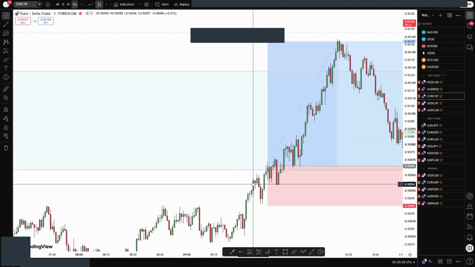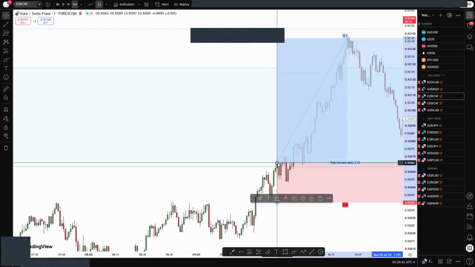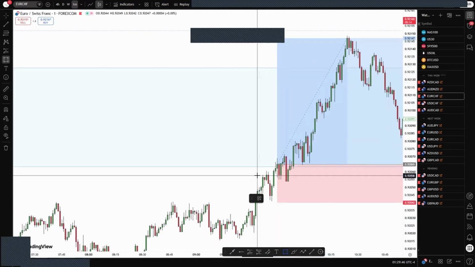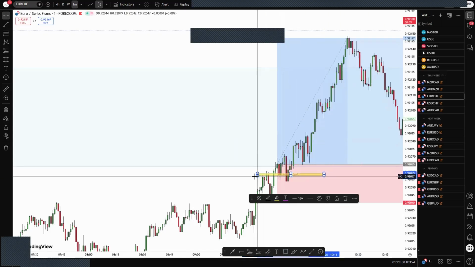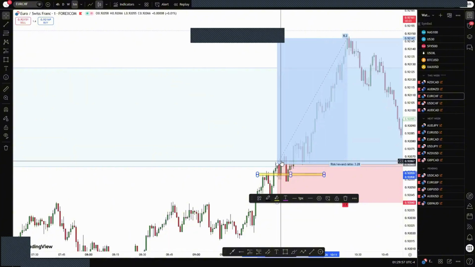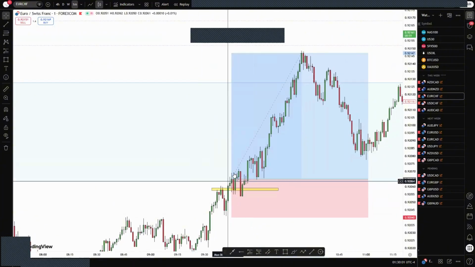You can see how I entered this pair at this point, right? Just after price came back here at my OG level. This was the daily OG level, okay? And price retested it, and I entered, and you see what happens.